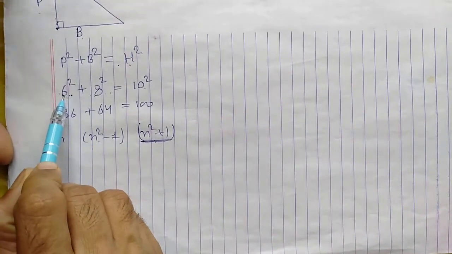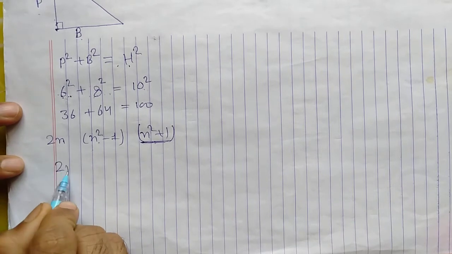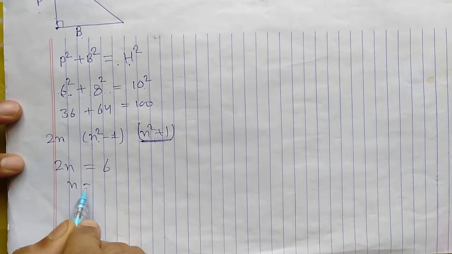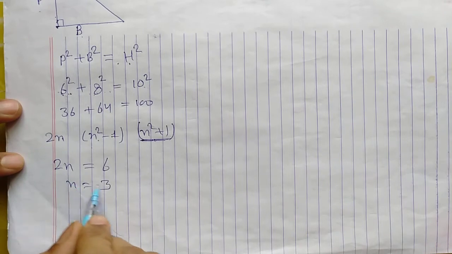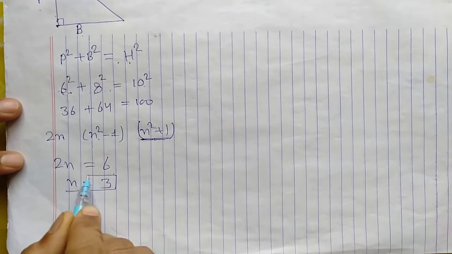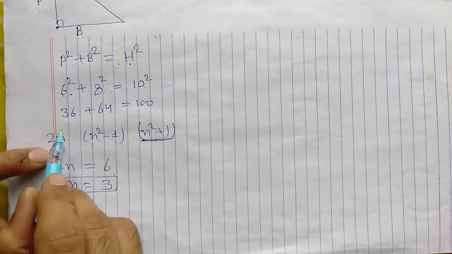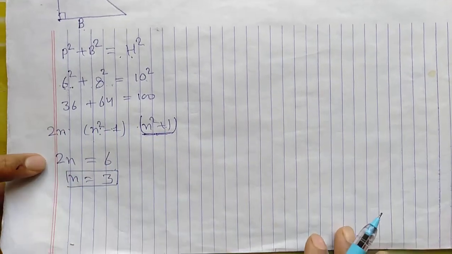Now let's see this one. This one we have taken as 6. So first, 2n is equal to 6, meaning n is equal to 3, when we divide by 2. Now put this value in the others. We are just trying to prove this.